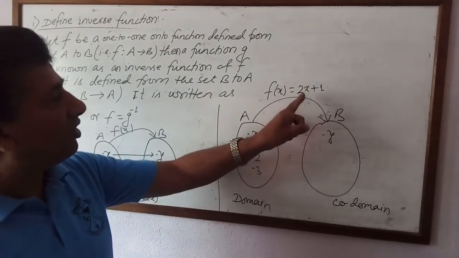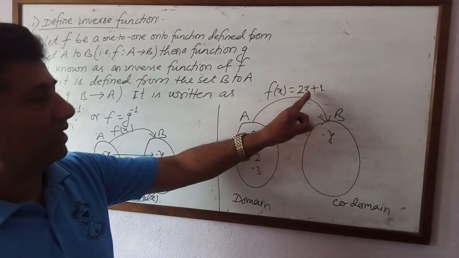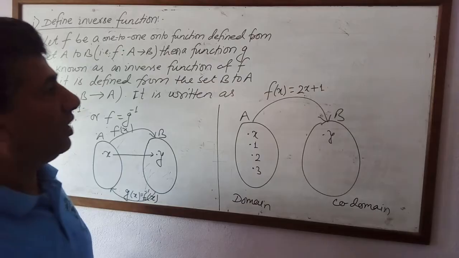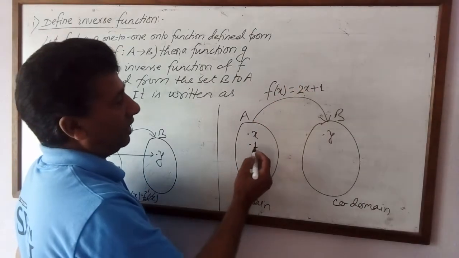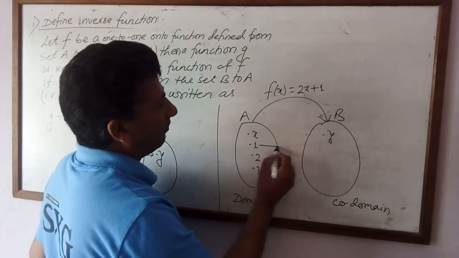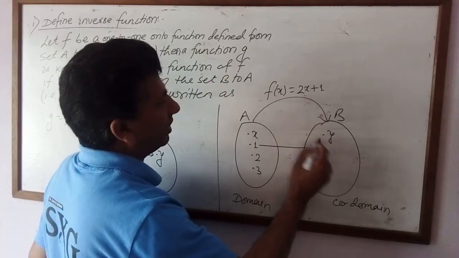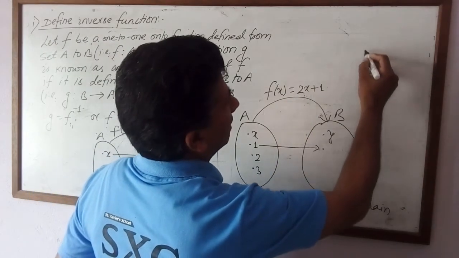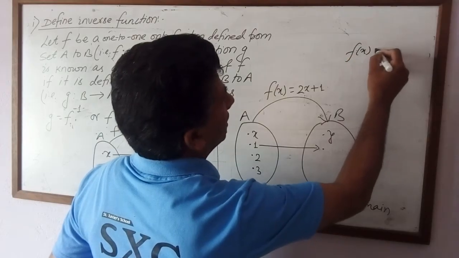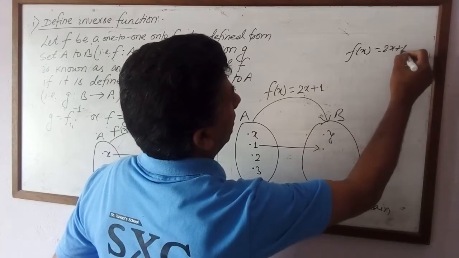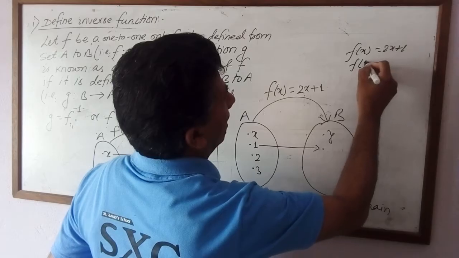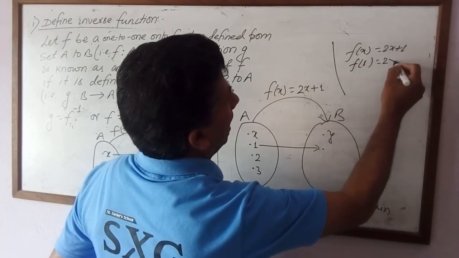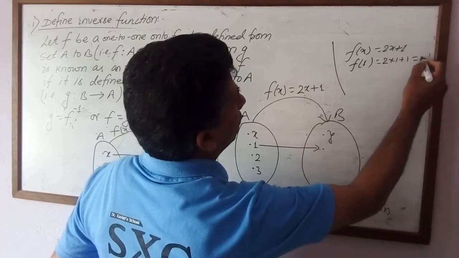Now write the value of x here in this formula, which we call a function. When we write the value of x equals 1, f(x) equals 2x plus 1, so 2 times 1 plus 1 equals 3.